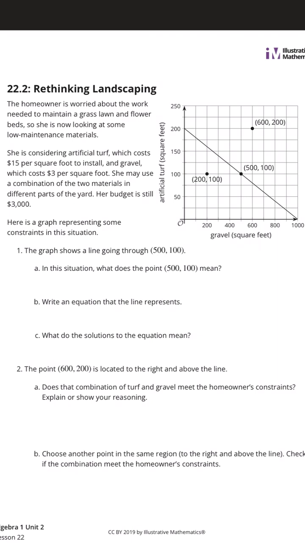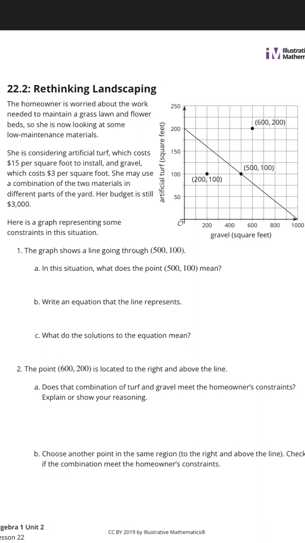She's going to use a combination of the two of them, and her budget is still $3,000. This time they made the graph for us, which is nice. We don't have to worry about finding points to plot. So the line on this graph represents all the combinations that total to $3,000 when she's using gravel and artificial turf.